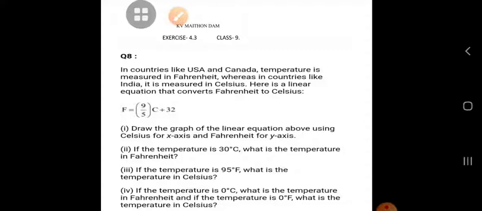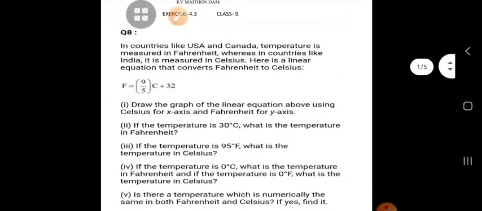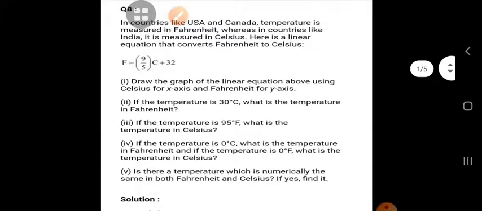First, draw the graph of the linear equation above using Celsius for x-axis and Fahrenheit for y-axis. Number 2. If the temperature is 30 degrees centigrade, what is the temperature in Fahrenheit? Question number 3. If the temperature is 95 degrees Fahrenheit, what is the temperature in Celsius? If the temperature is 0 degrees centigrade, what is the temperature in Fahrenheit?